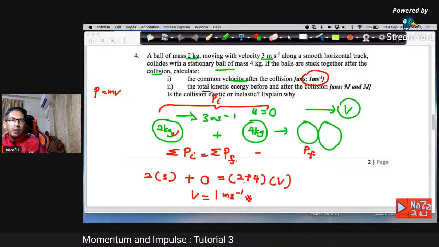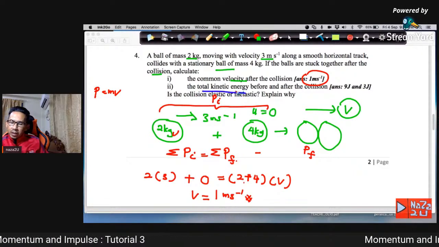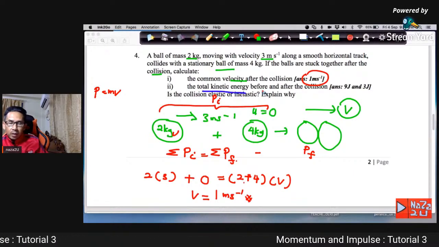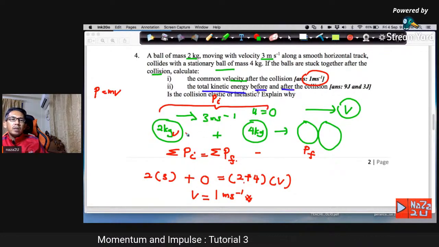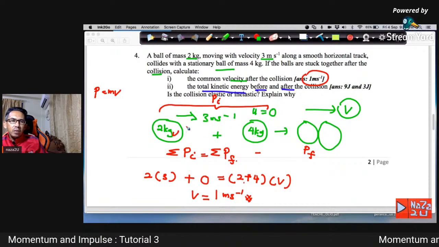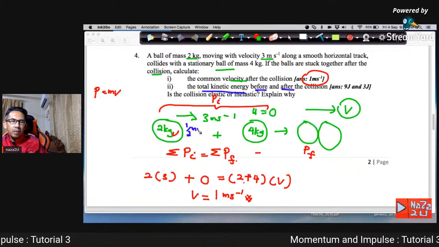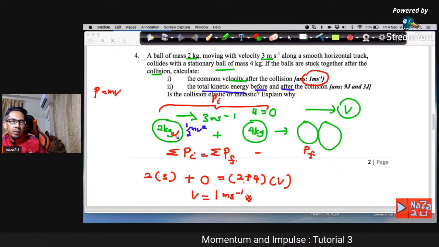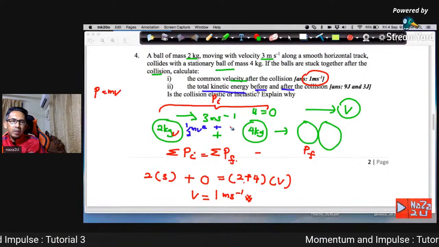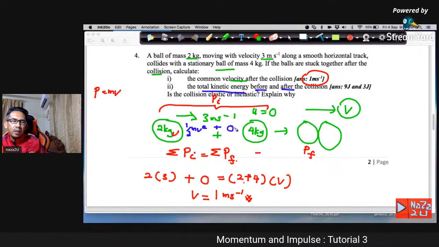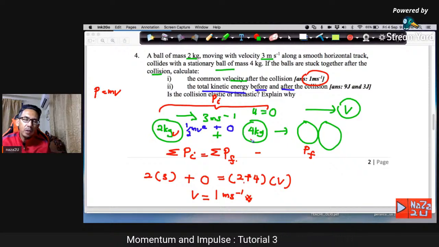Total kinetic energy before and after collision. So kinetic energy before collision, we have half m v squared for the object 2 kilogram, plus the second object. Because the second object is stationary, we don't have kinetic energy for the mass 4 kilogram.